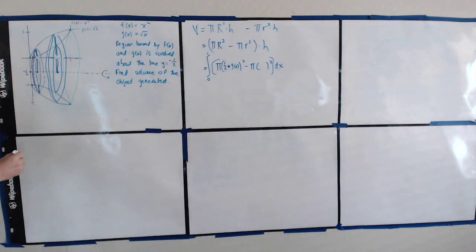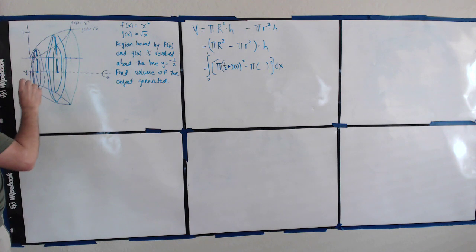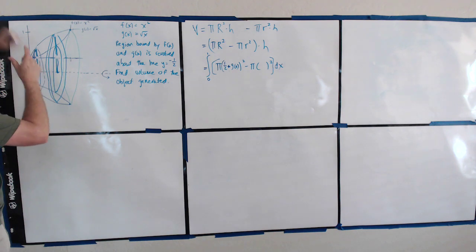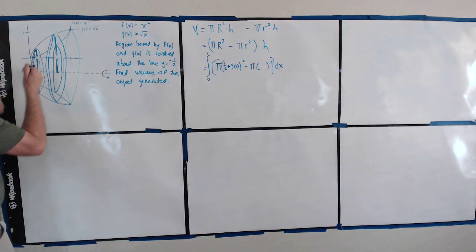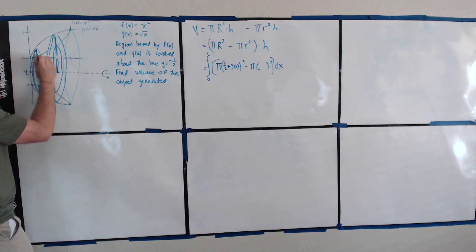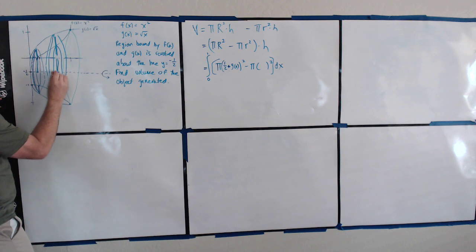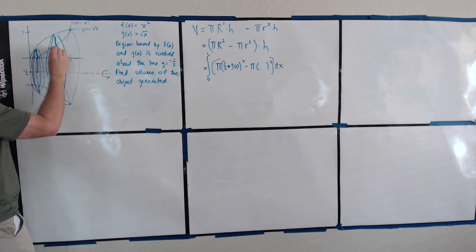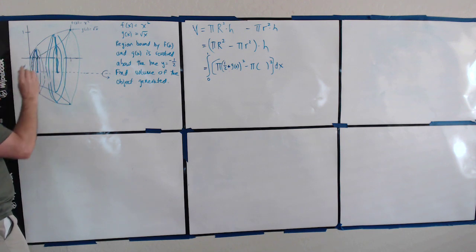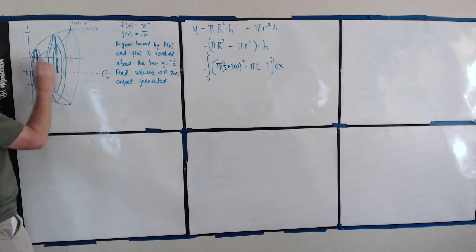Now, what about lowercase r, the radius of the hole? So again, the radius of the hole would have been from, let me draw it in there again, I kind of got it erased a little bit. So we're going from here to here, still 1/2, but then a little bit more. And that little bit more, as we saw before in the washer method, depends on x.